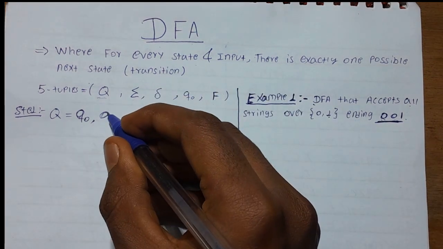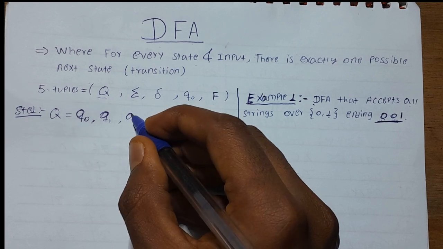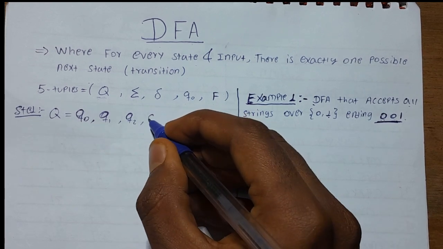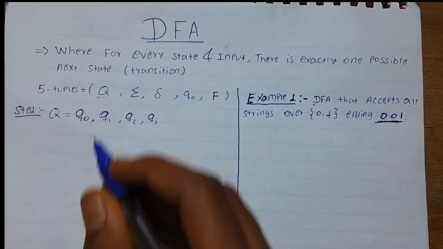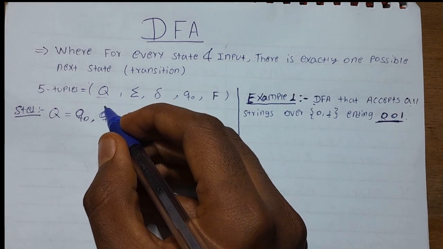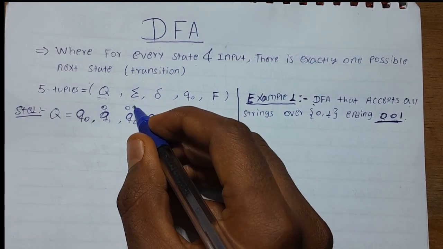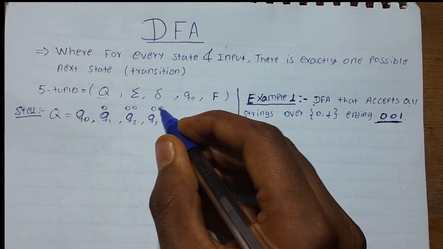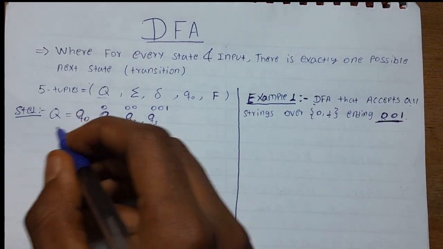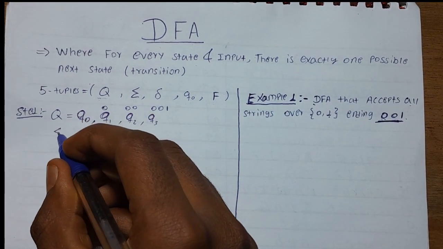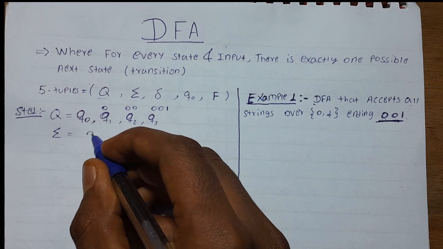We will name them Q1, Q2, and Q3. This is ending in 0, ending in 00, and this one is ending in 001. And the next is the inputs. Inputs are 0 and 1.